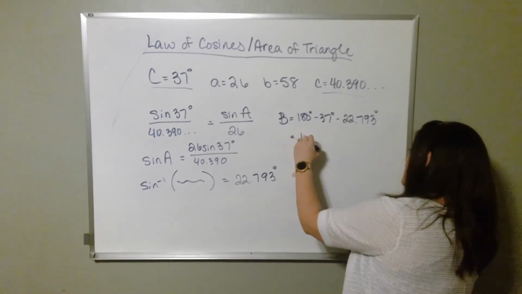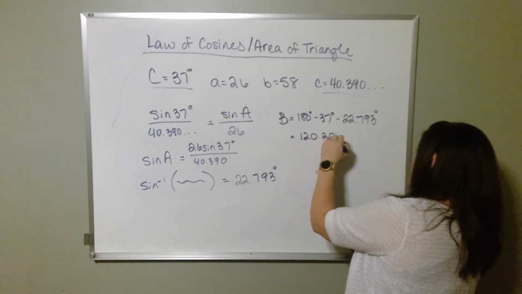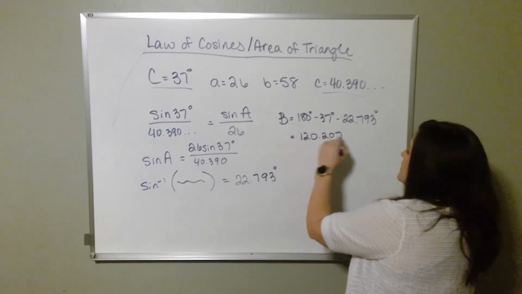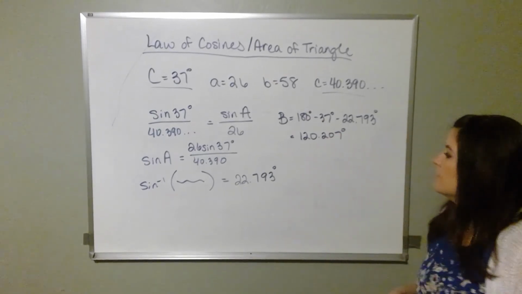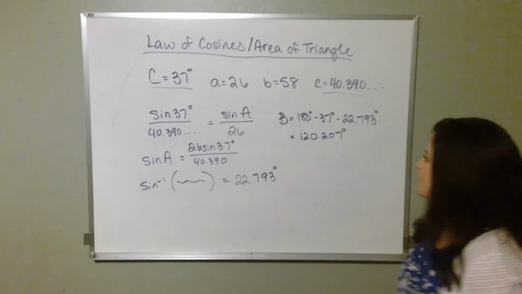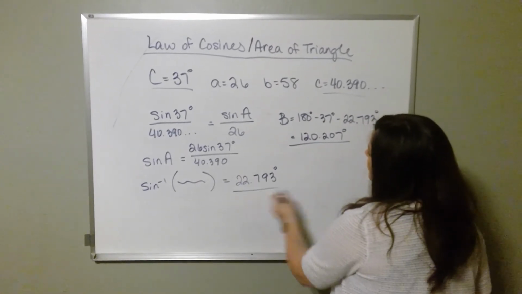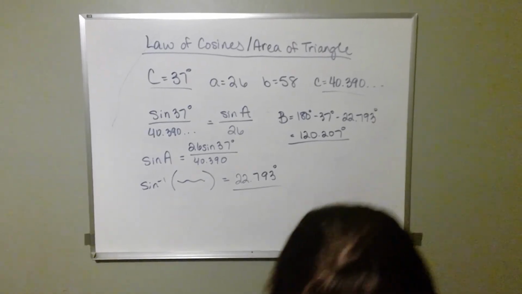I get angle B is 120.207 if I round it there. I think you guys round to the hundredth on Alex, but I keep going further than that. All right, so we found all of our information.